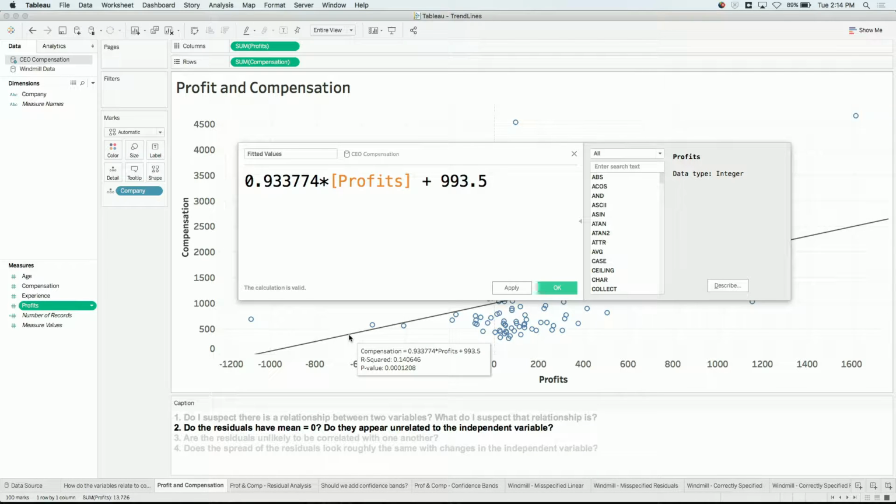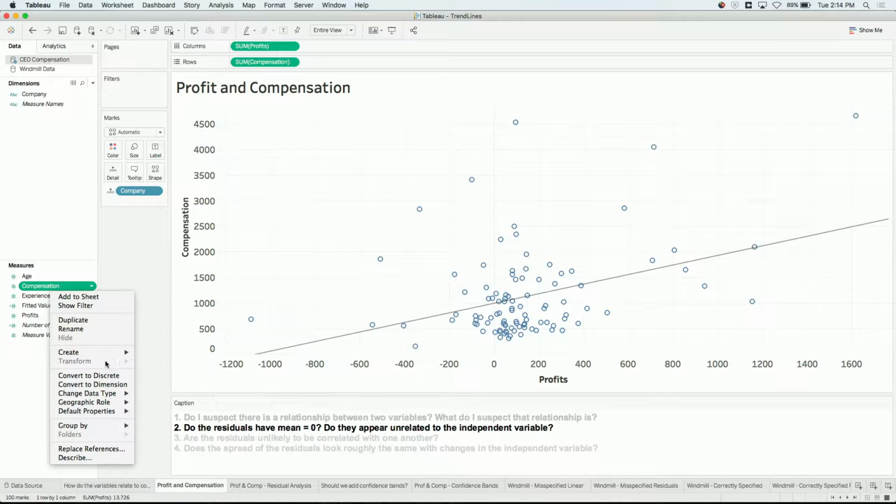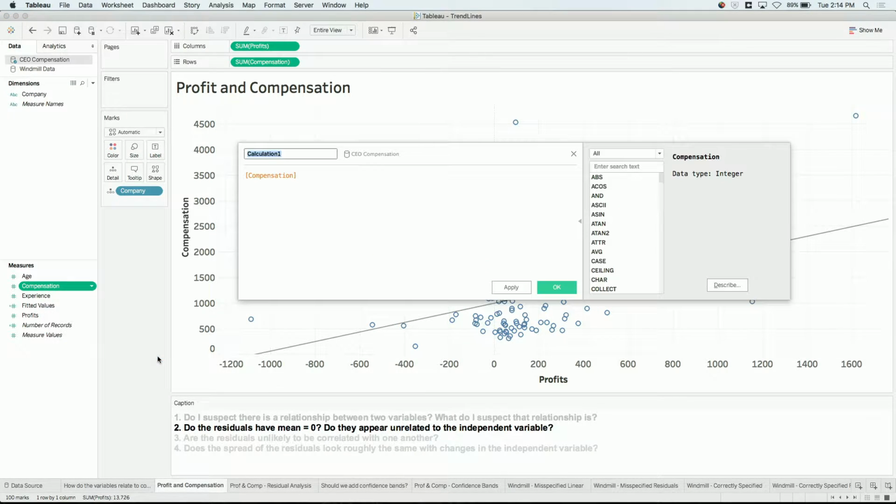It's always a little scary typing in front of people, but I like to live on the edge. Okay, so those are our fitted values, and then we'll just compute the residuals from there, which are the difference between the dependent variable, so that would be compensation. Let's call this residuals, minus the fitted values.